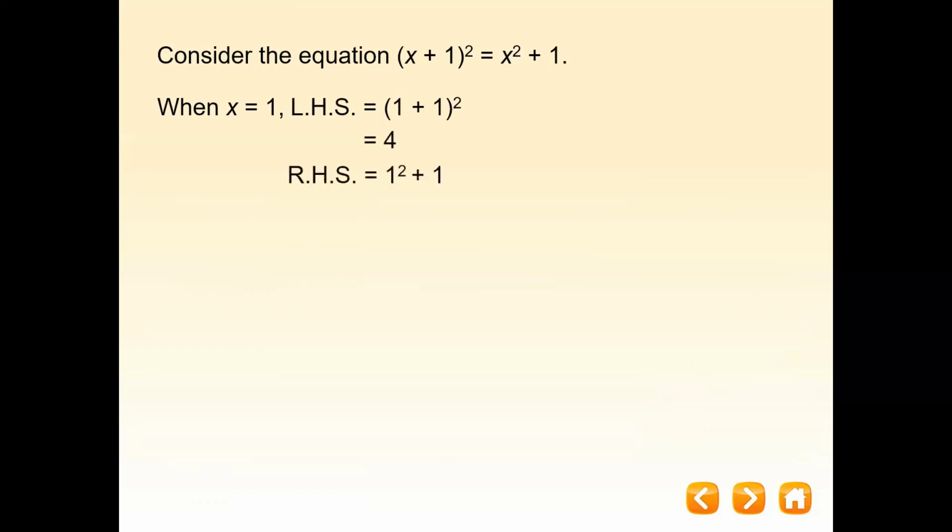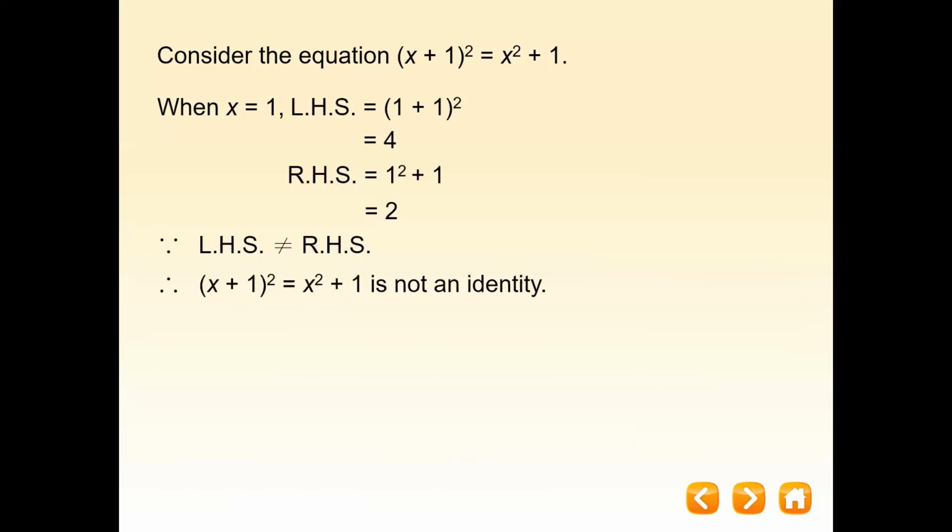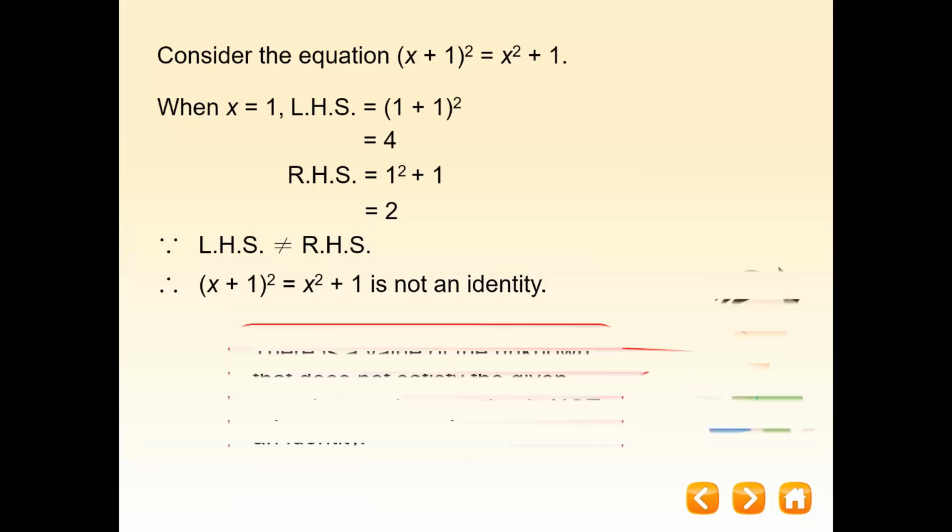Right-hand side equals 1 squared + 1 equals 2. This time, because left-hand side does not equal right-hand side, therefore (x + 1) all squared equals x squared + 1 is not an identity.